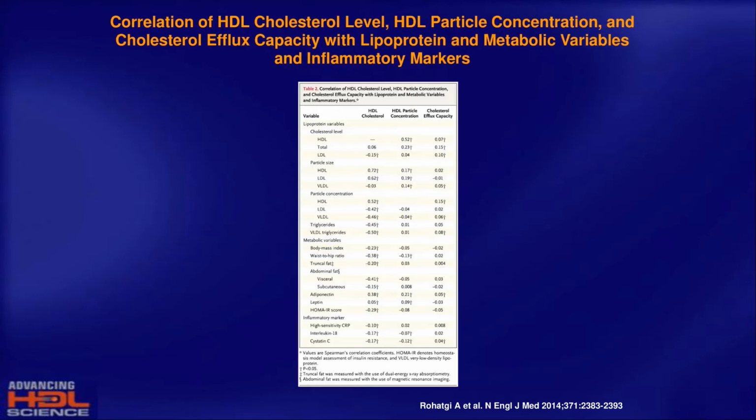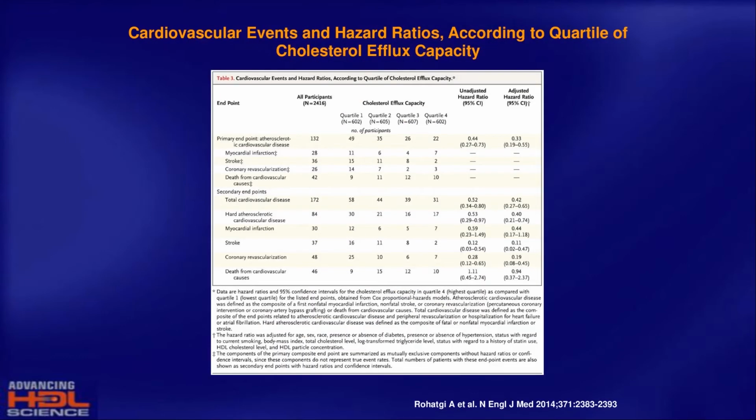And this is just showing correlations between efflux and other lipids and lipoproteins. Although the association with HDL cholesterol was 0.07, it was more with HDL particle concentration, 0.15. But again, those are very low R values, supporting the importance of this measure on cardiovascular events.